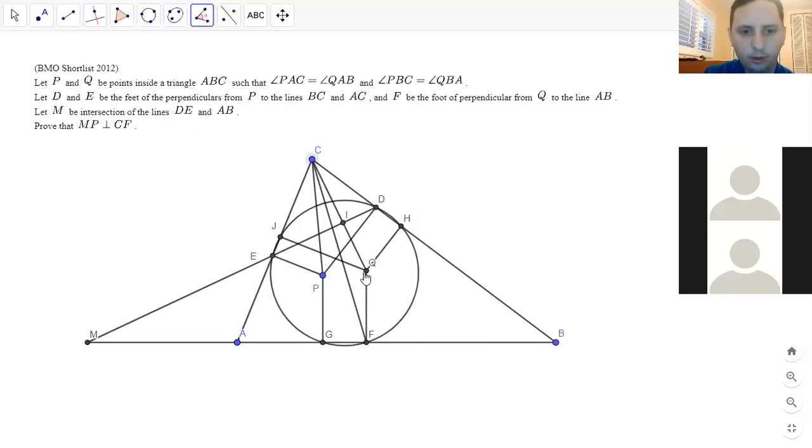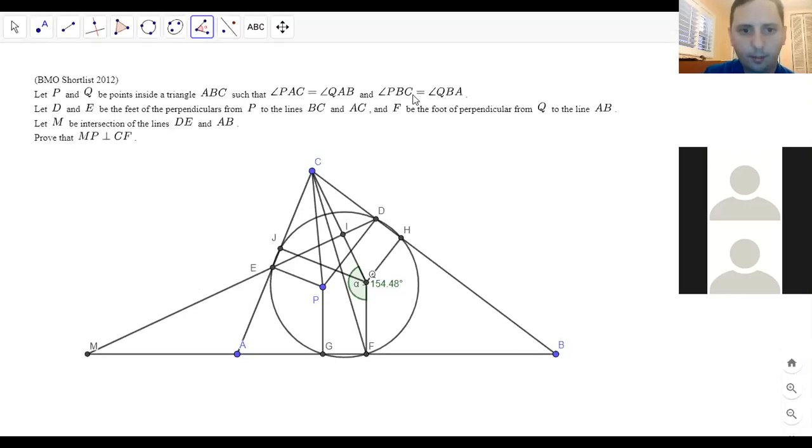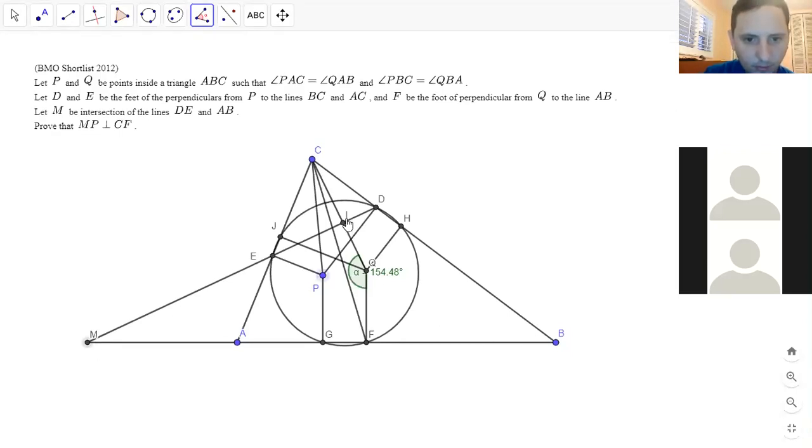So CQF, that's 154, and MPI, that is, it looks like that angle's the same. Oh no, it's not. Okay. All right.